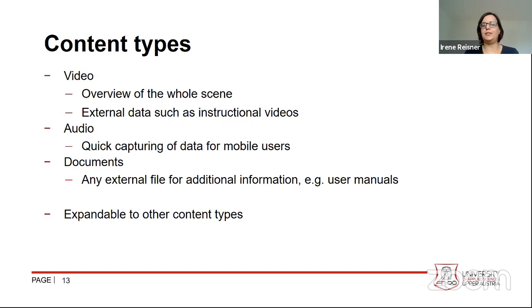So it's very easy to quickly capture some additional information. And documents can be any external file for additional information. So in our use cases, we mainly thought about user manuals for this kind of content type.